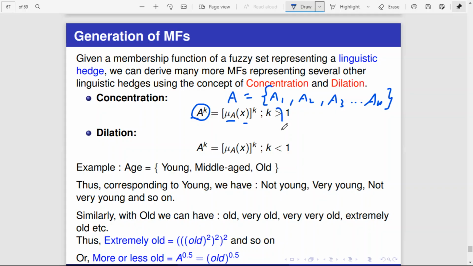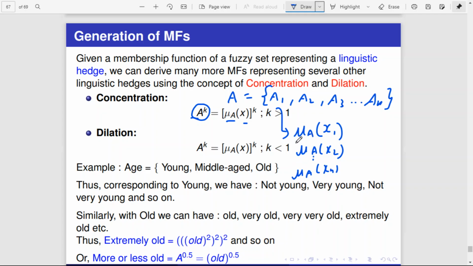When you apply x1 to this membership function, you get a1. Similarly, when you apply x2, you get a2. When you apply x3, you get a3. Like that, when you apply xn, you get an.